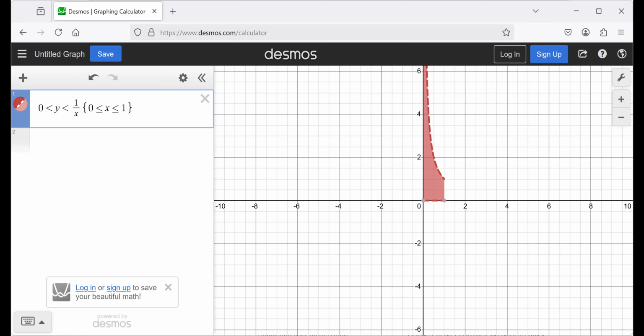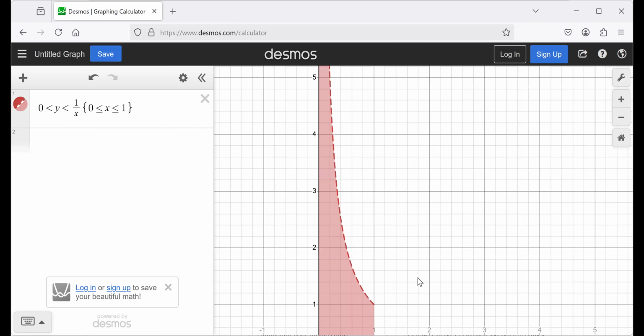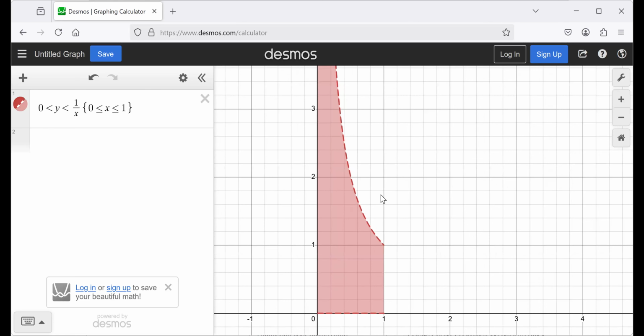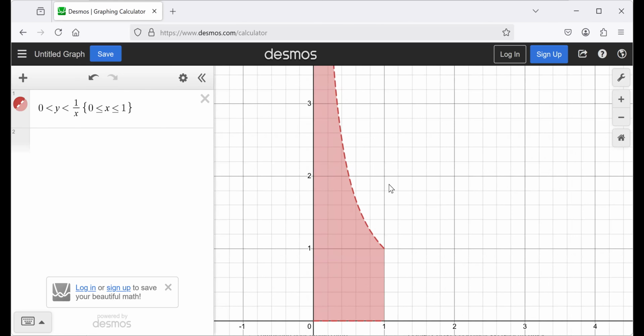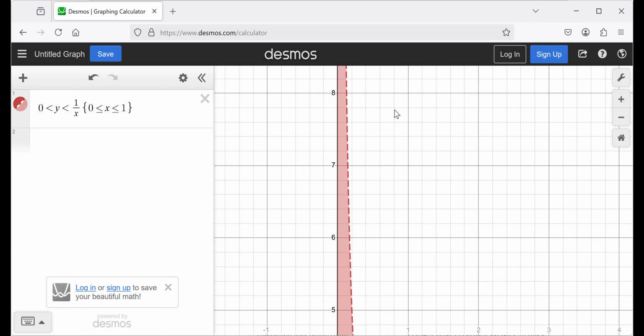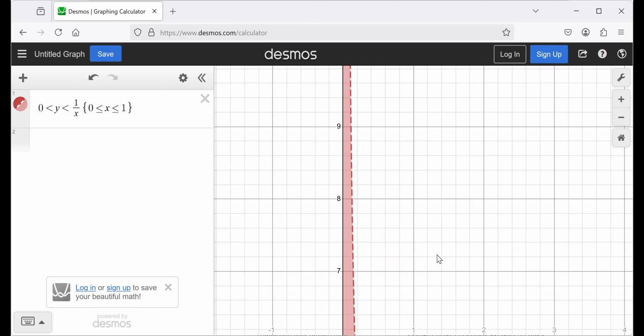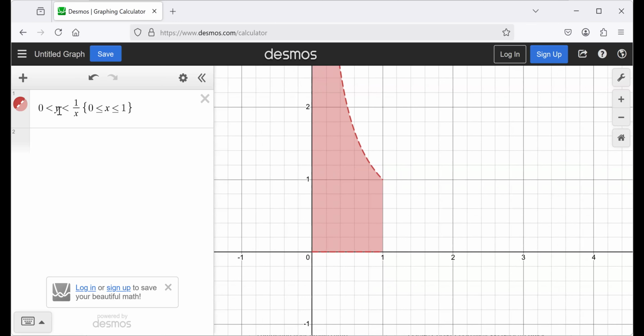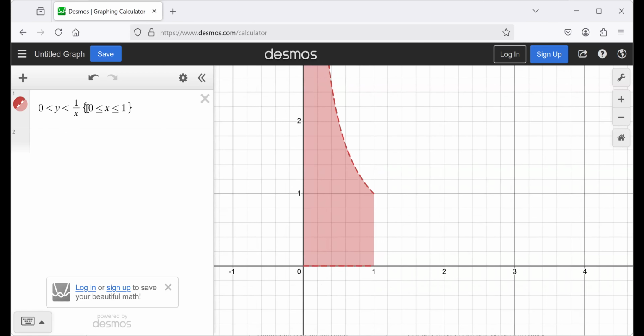And it's not intuitively obvious whether this area can exist or not, because this region we're looking at extends forever. It goes up and up and up. So if we assume that maybe this does exist, we could ask, how can we approximate this?